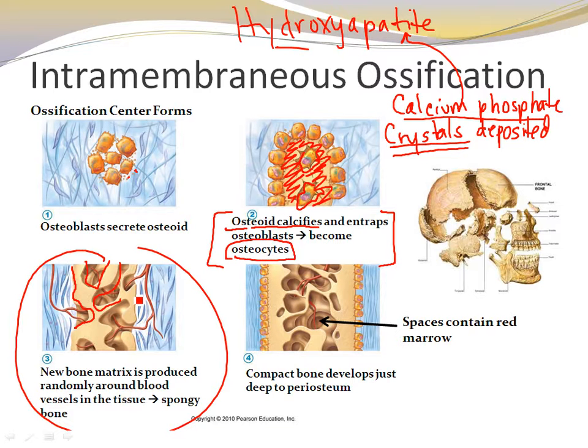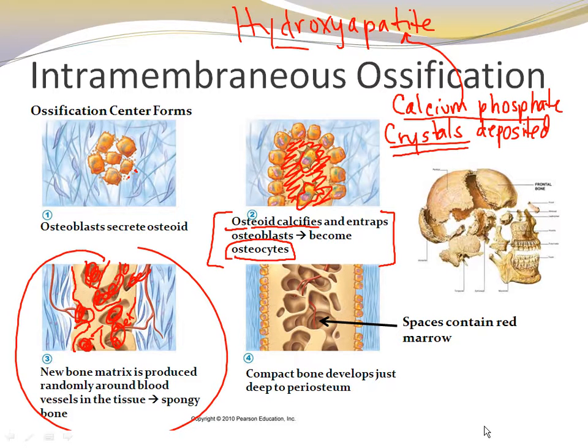So intramembranous ossification, most of the bone that develops is spongy bone. Okay, so you've got these little kind of T-shaped structures that form, and you've got the spaces in between that have blood vessels in them, red bone marrow. Okay, so provides the blood supply to the cells that have wound up encasing themselves in that matrix.